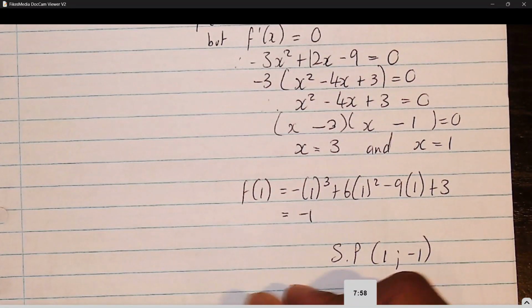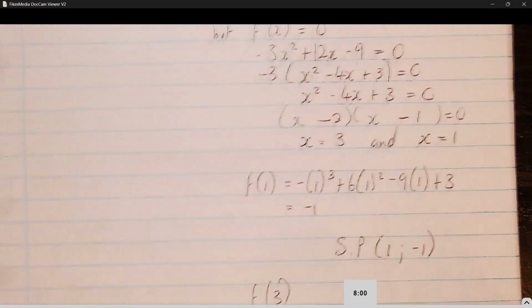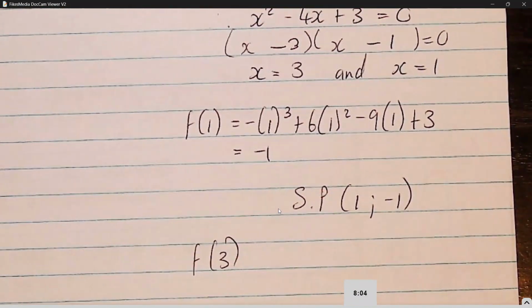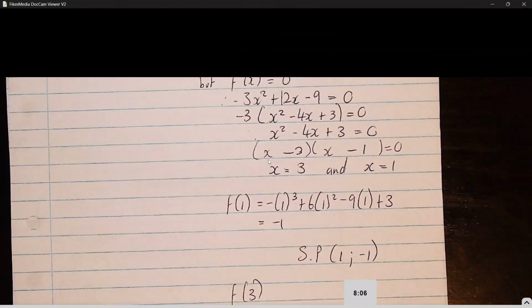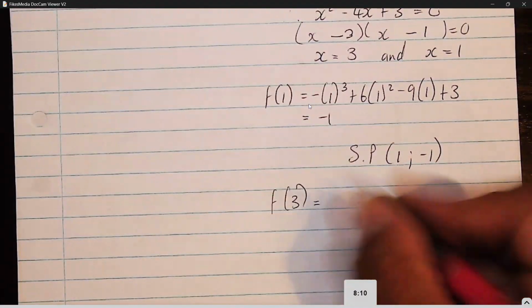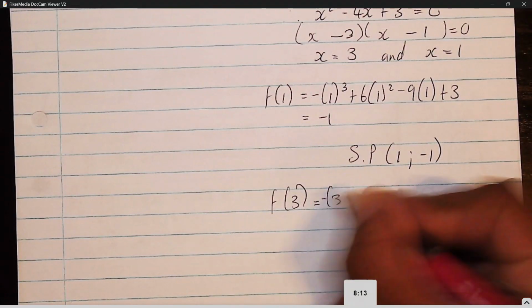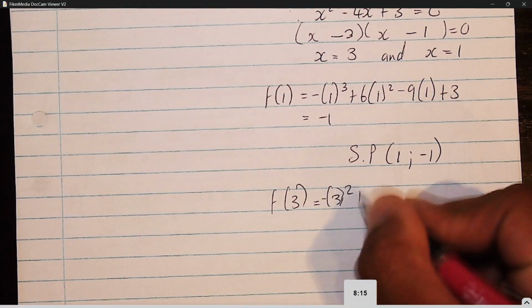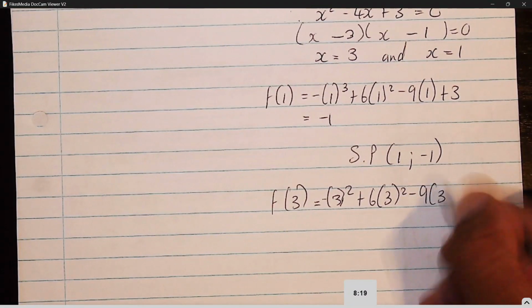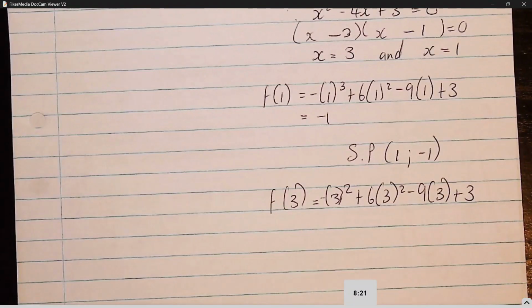Then when x is 3, we're going to have negative 3 to the power 3, plus 6 multiplied by 3 squared, minus 9 multiplied by 3, then plus 3.